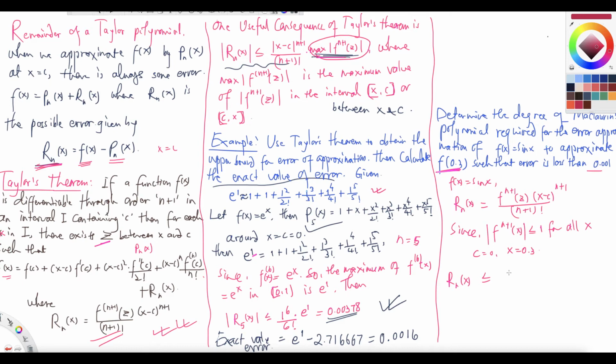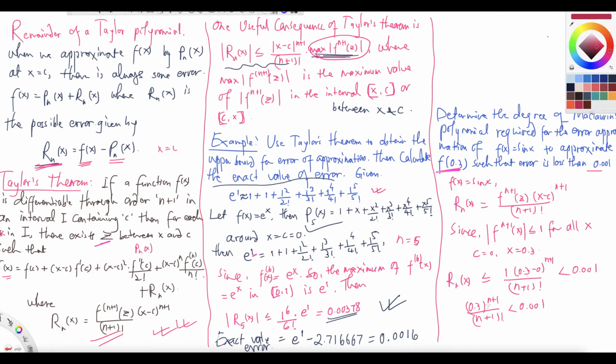Then x is 0.3, and c is 0 because it's the Maclaurin series, over (n plus 1) factorial, and 0.3 minus 0 to the n plus 1, and this must be less than 0.001. So what you get is 0.3 to the n plus 1 over (n plus 1) factorial, which is less than 0.001.